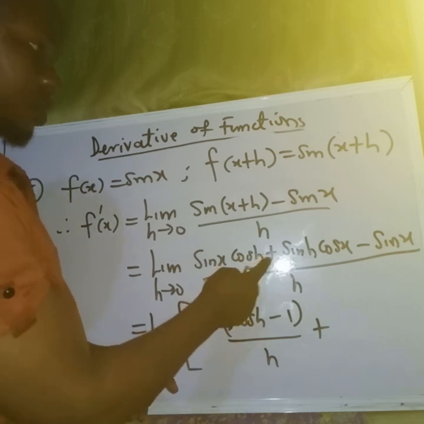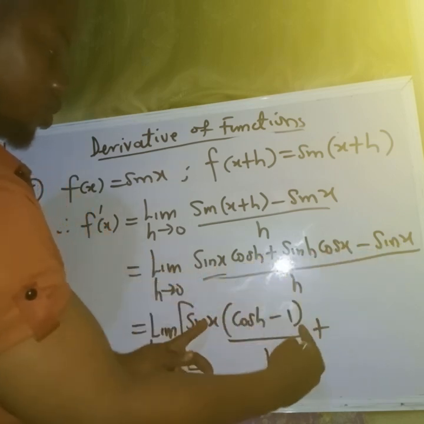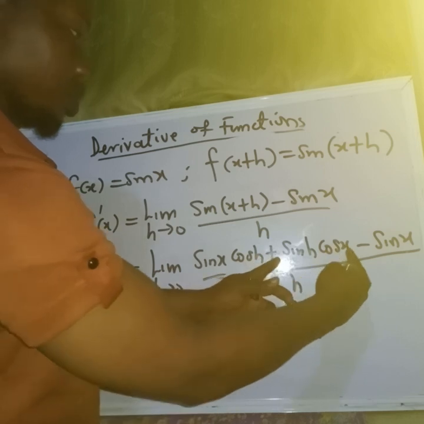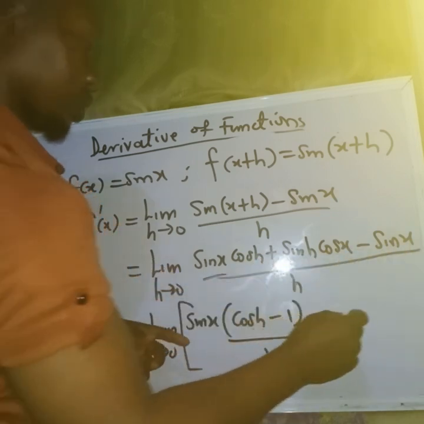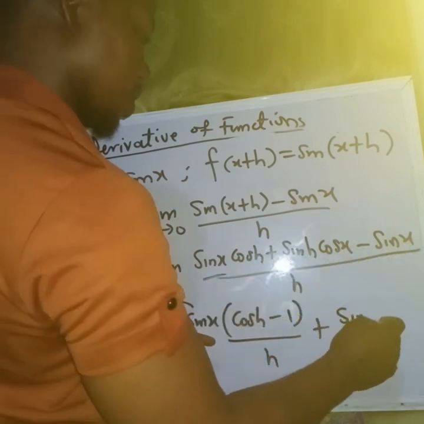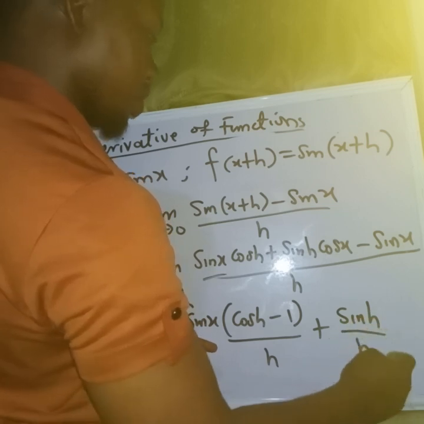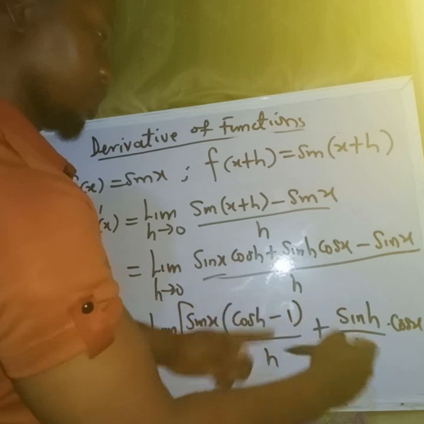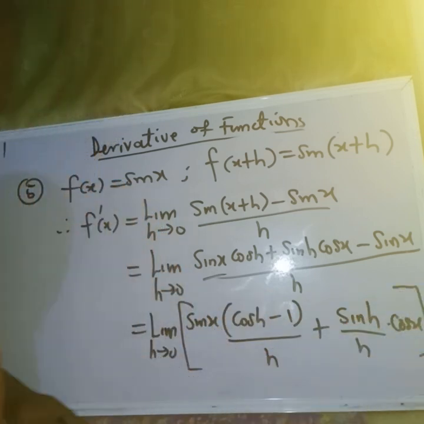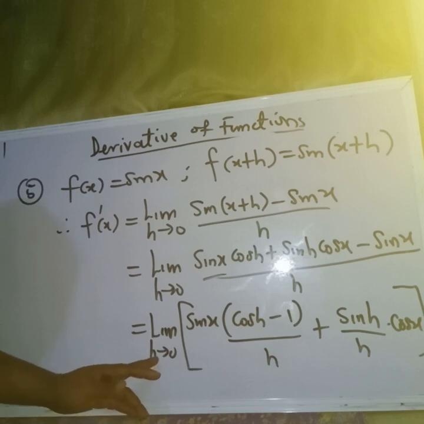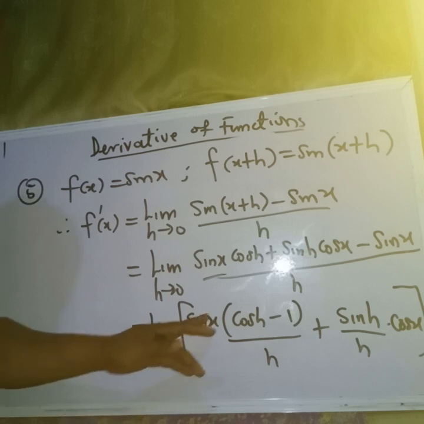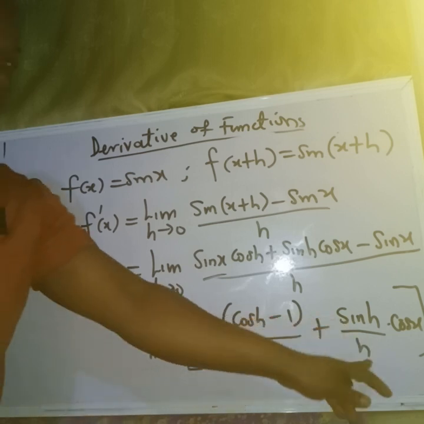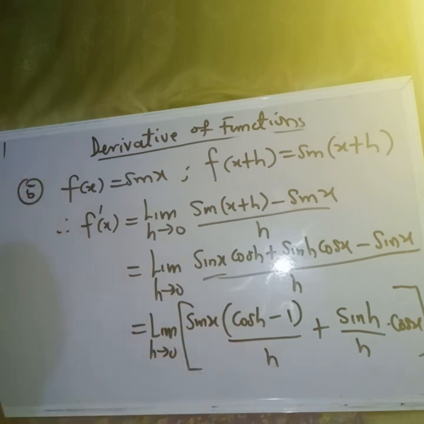Plus the second term, sine h over h cos x. By the law of limits, the limit will be applied on this and on this.